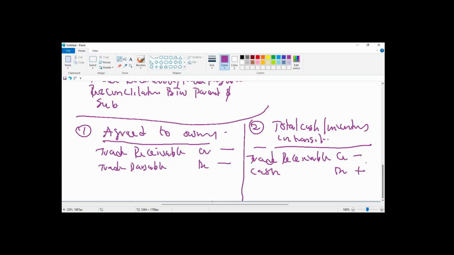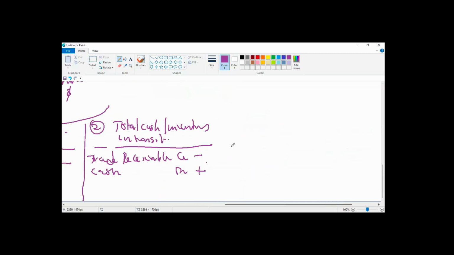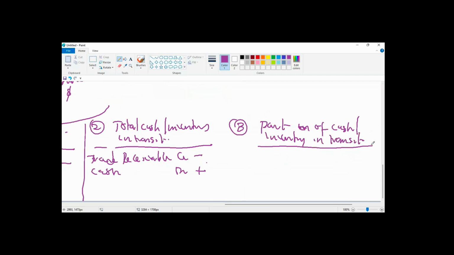Then the third one, part of the cash or inventory in transit. This is a common one. Part of the cash or inventory in transit. What do I do?